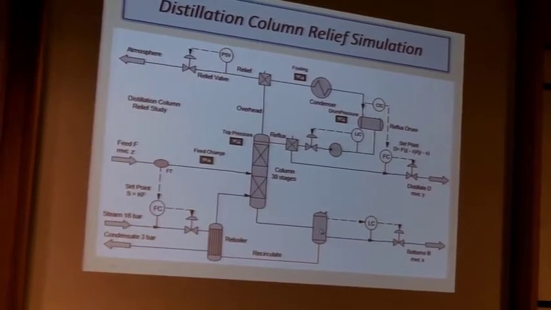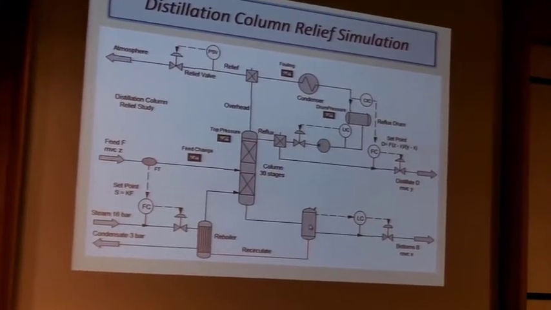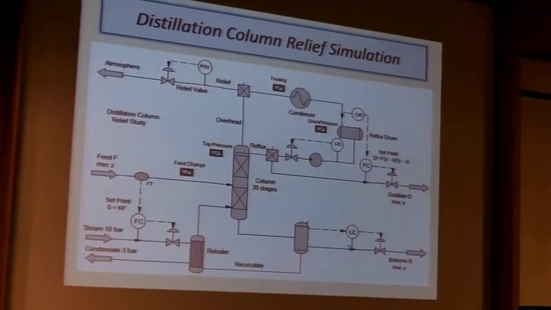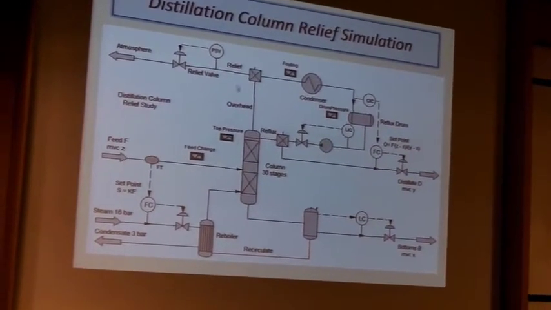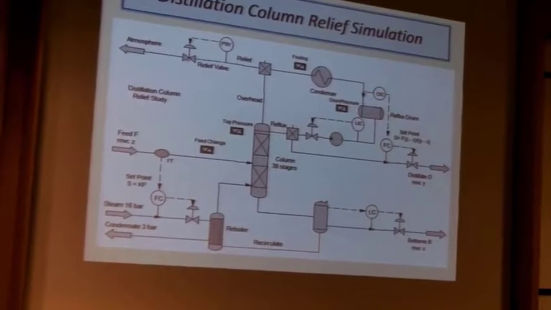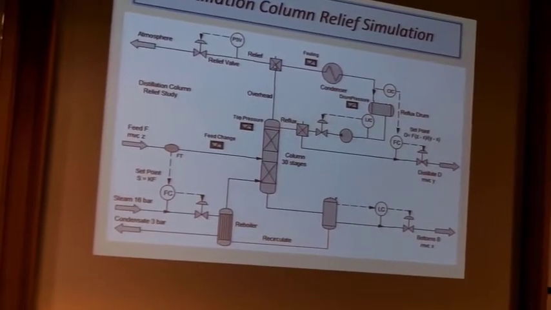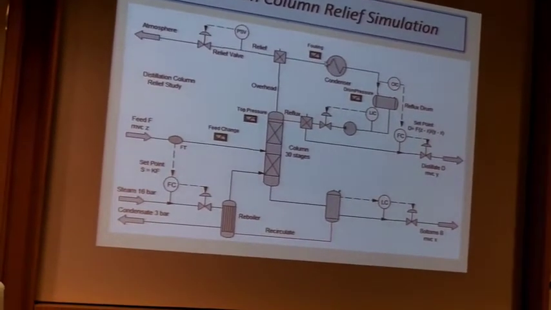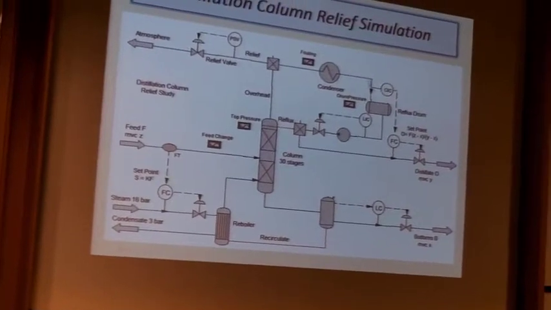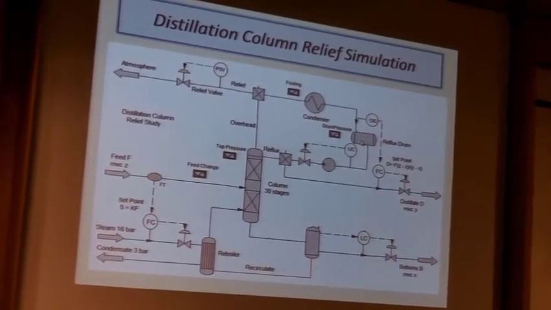The bottom of the column's on level control, which is this fella here. The overhead, this is the relief route, if we get overpressure in the column. And this is the condenser route into reflux drum.